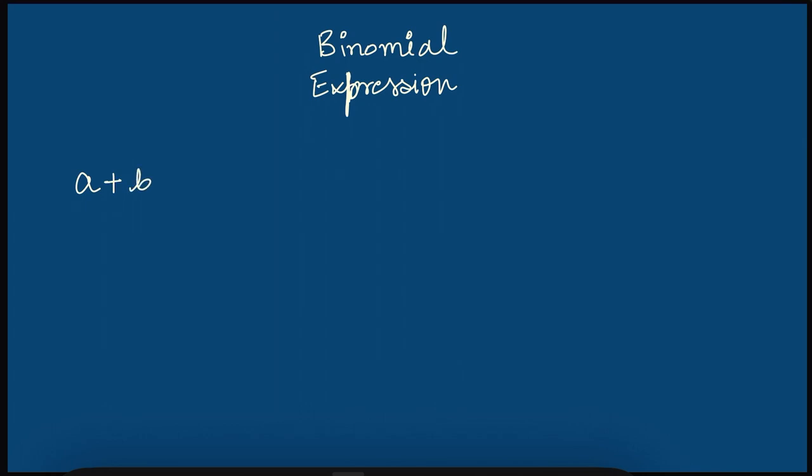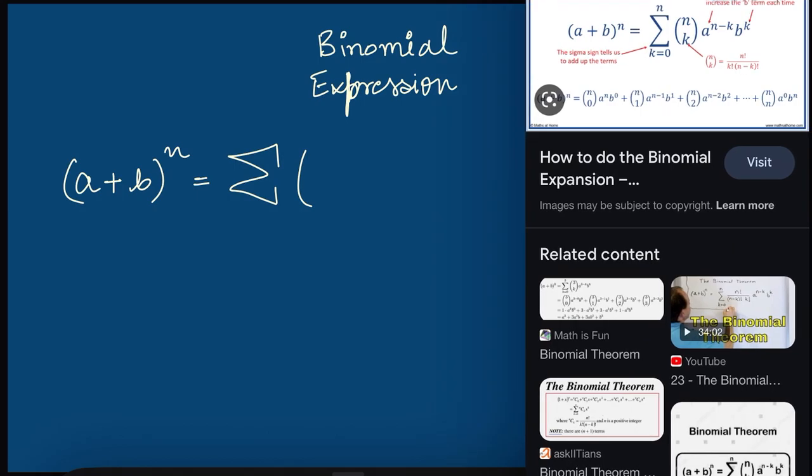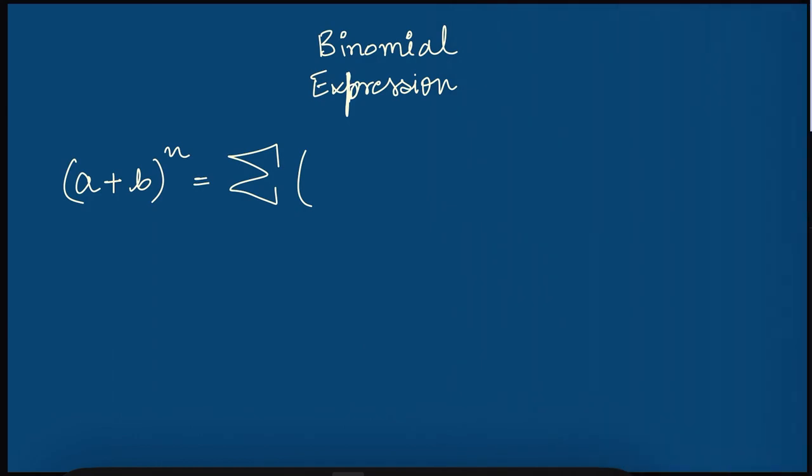So it can be expressed as (a plus b) whole power n equals the summation of nCk, a to the power n minus k, b to the power k, where k is the value that determines how the binomial expression extracts the terms.